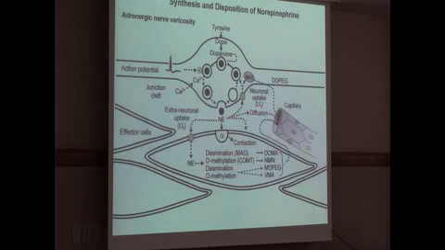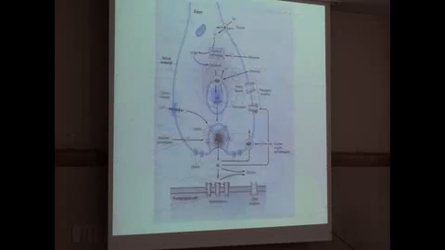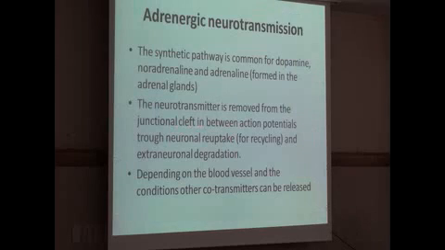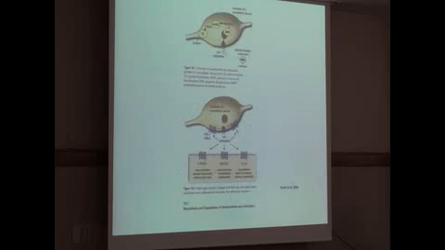This we call the junction, and the cleft is the space between the neuron and the smooth muscle. Between action potentials, it is removed through neuronal uptake and extraneuronal degradation. And in certain cases, other transmitters can be released.